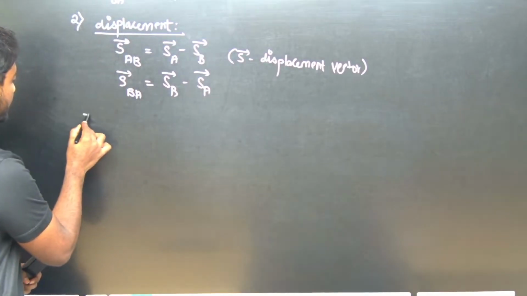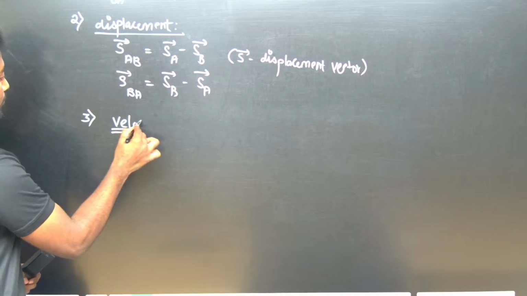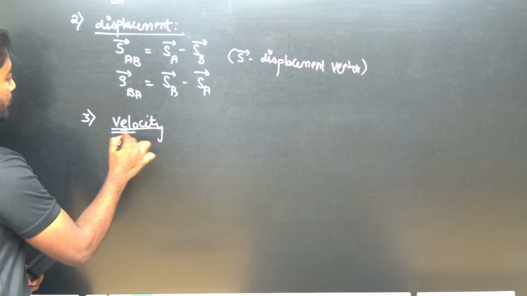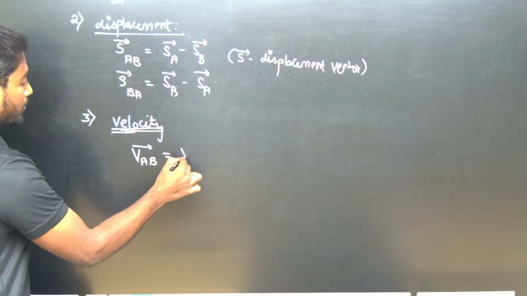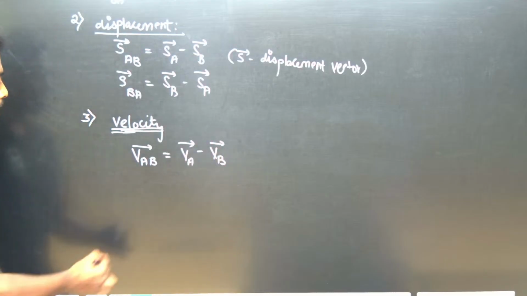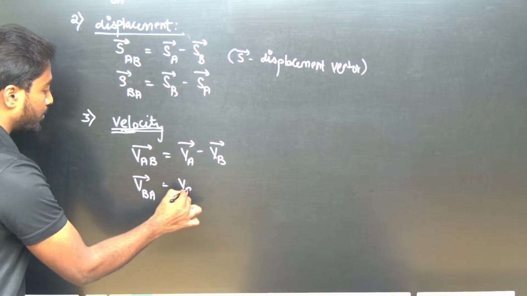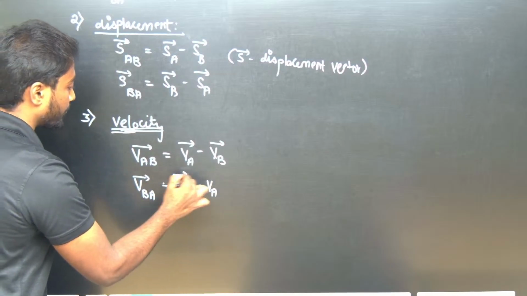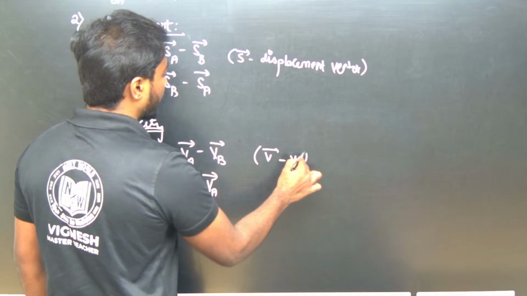Next one is the velocity. So velocity of A with respect to B is nothing but velocity of A minus velocity of B. Next, velocity of B with respect to A is nothing but velocity of B minus velocity of A, where V is the velocity.